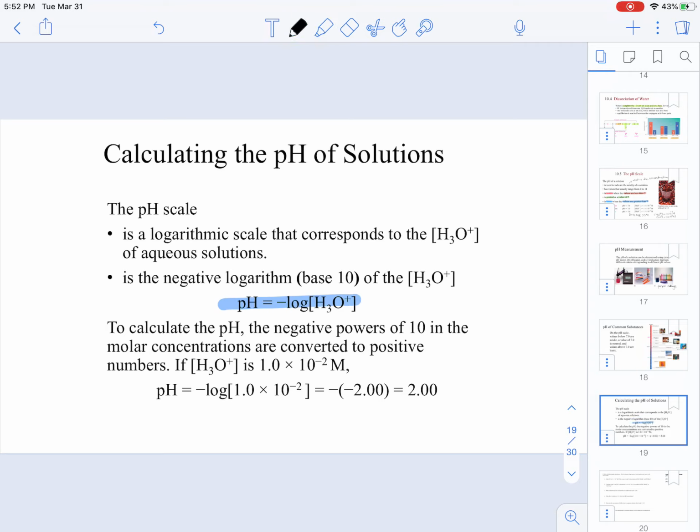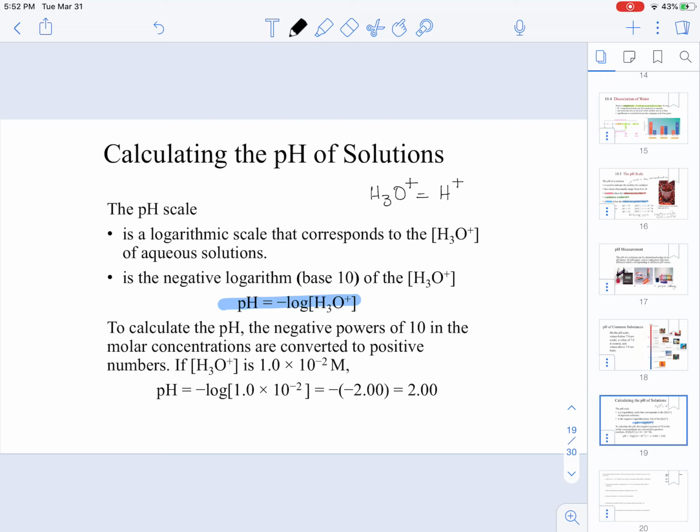Understand that H3O+, because it can act as an acid and donate a proton, is the same thing as when we ask for the concentration of H+. So if you are given the concentration of H3O+ or H+ for a particular solution, you can calculate the pH directly.